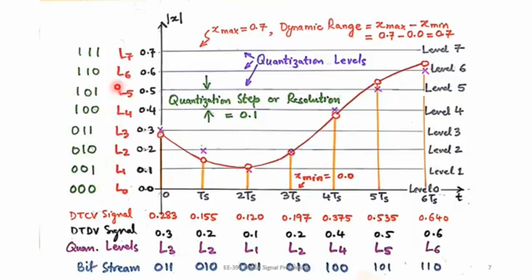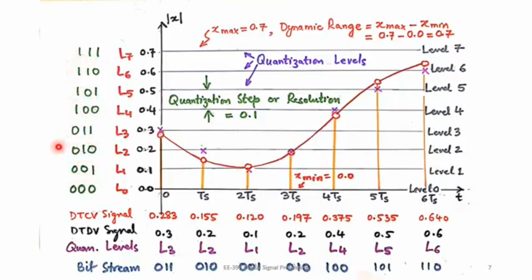If we take the log to the base 2 of 8, we get 3, so we will need 3 bits. So we define level 0 as 000, level 1 as 001, 010, 011, 100, 101, 110, and 111.